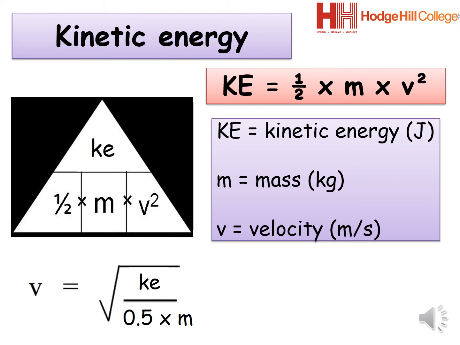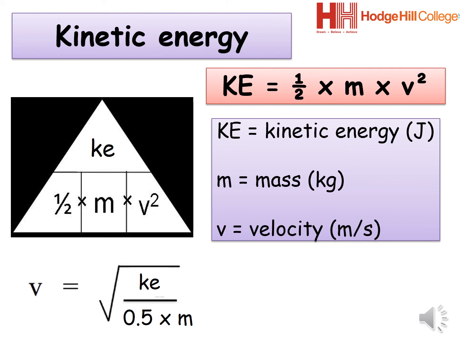Now the equation at the bottom: v equals. Sometimes you will be asked to work out velocity. Please don't be afraid of that equation. It is not at all complex, but you need to know it. So v for velocity equals the square root of kinetic energy divided by 0.5 times the mass.